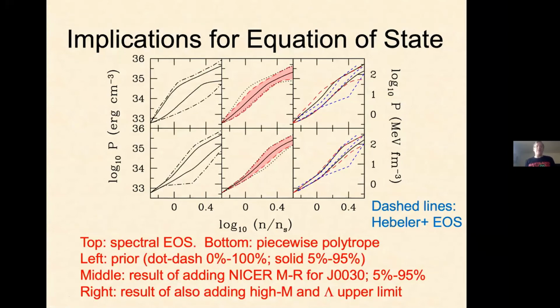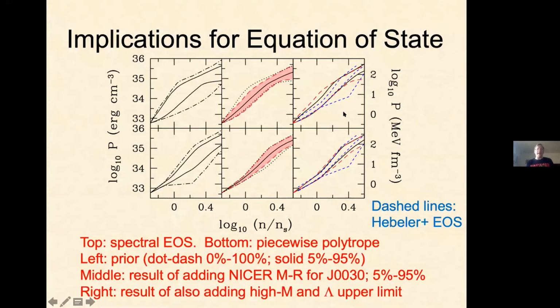This is a figure that we have in our paper, and I'll take a few minutes to go through it. If we're looking at the log of the pressure versus the log of the number density divided by nuclear saturation, the top row uses that spectral equation of state parameterization. The bottom row is a piecewise polytrope.